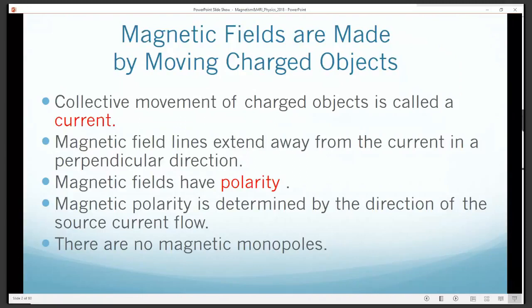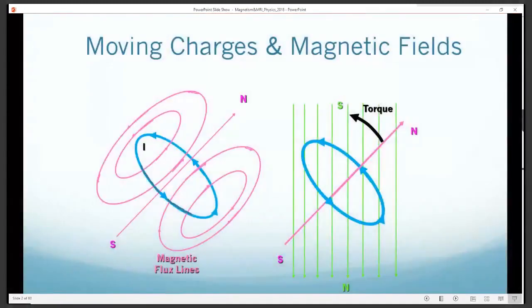Polarity is typically called north or south, and it's determined by the direction of the source of current flow. So if you change the current flow direction, you're going to change the polarity of the magnet. There is no such thing, as far as we know, as magnetic monopoles, such as the charges we see. You have to have moving charges to produce a magnetic field.